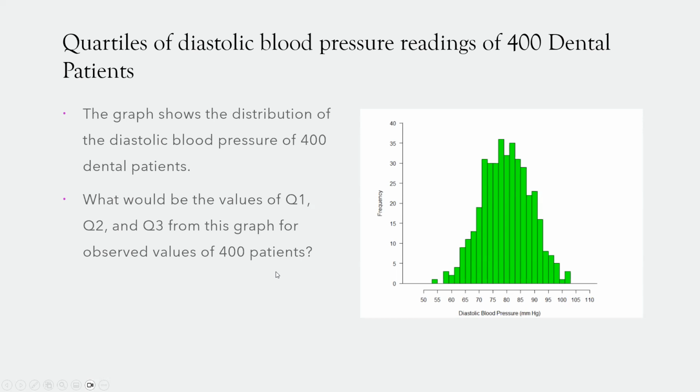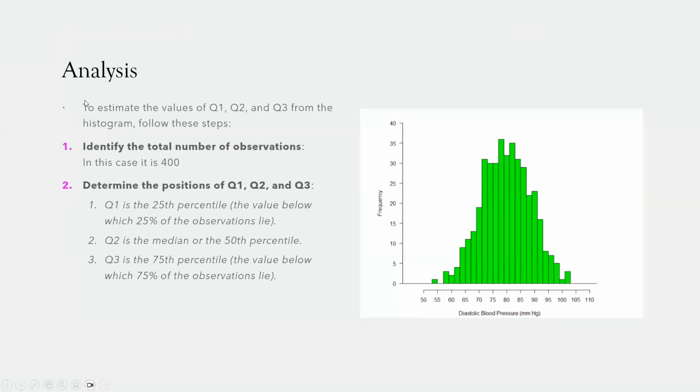So our observations will be 400. This is the frequency, and these are the blood pressures for various observations. So we have kept those in bins, and these bars show how many times we have observed that particular blood pressure.